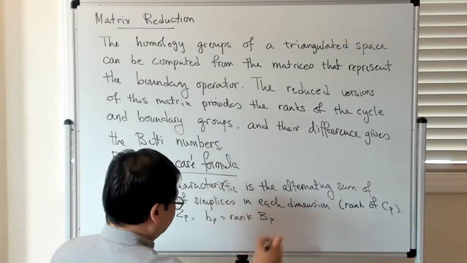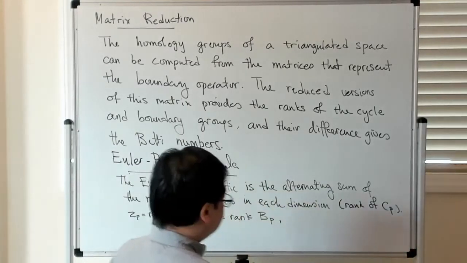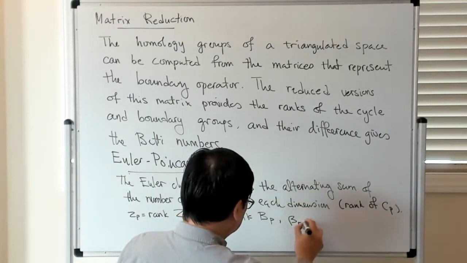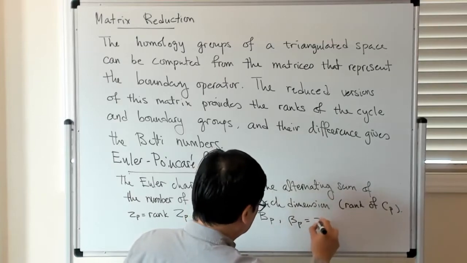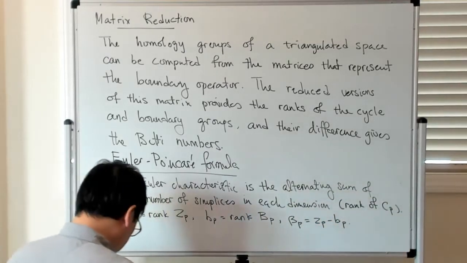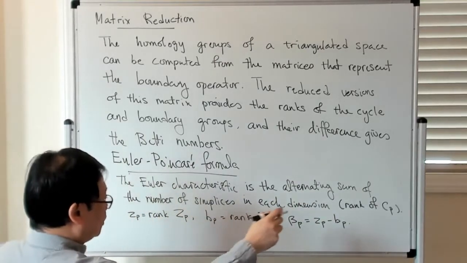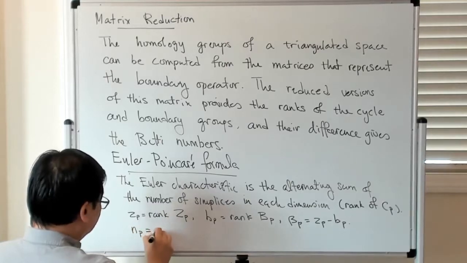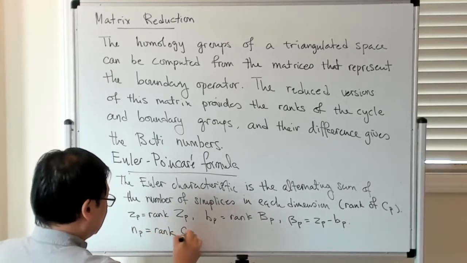And then you know, of course, that the Betti number beta_p is the difference, z_p minus b_p. And then I'm going to call the rank of C_p what I call n_p. n_p is the rank of C_p.